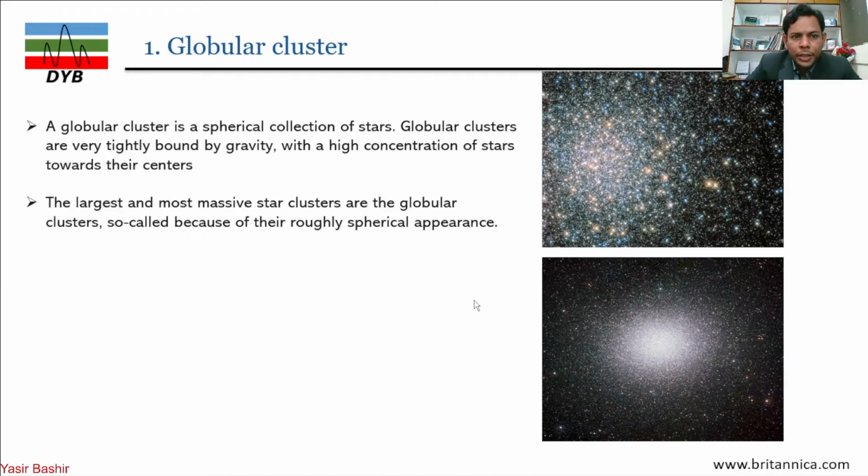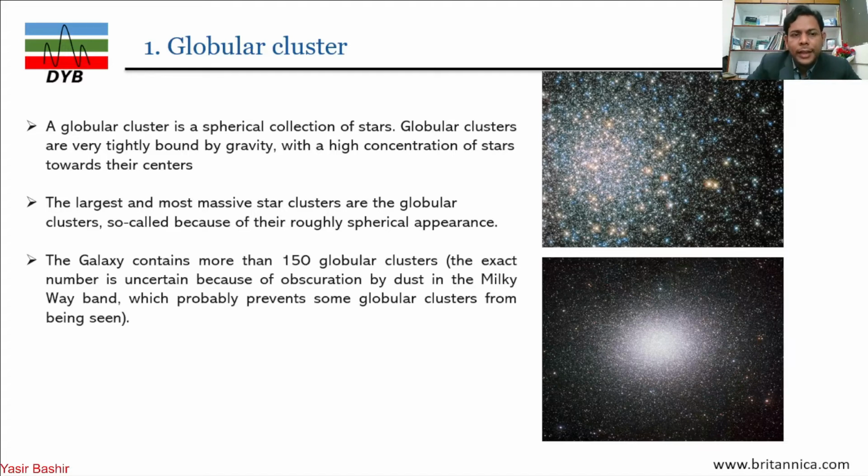The largest and most massive star clusters are globular clusters, so called because of their roughly spherical appearance. So these are actually the biggest clusters of the galaxy. If you look at the Milky Way Galaxy, it contains more than 150 globular clusters.